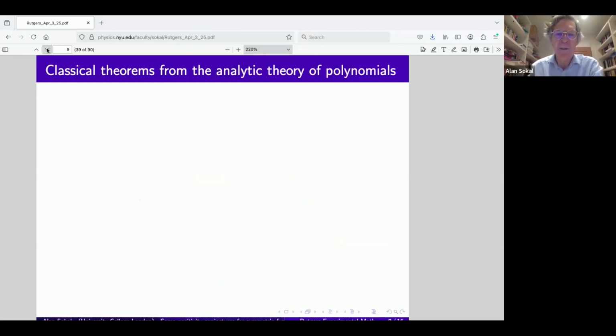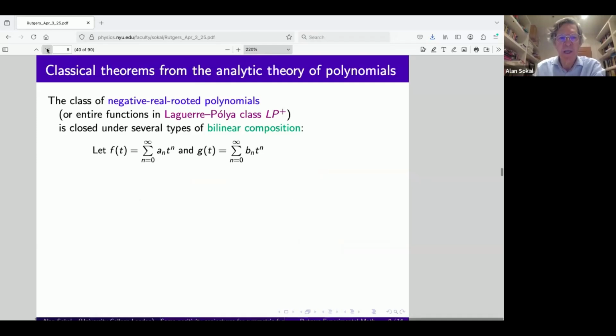So now let me remind you of some classical theorems from the analytic theory of polynomials. Most of these theorems were proven in the period between about 1890 and 1920 by mostly French and German and Japanese mathematicians. So there are a whole bunch of names associated with it, and there are some really nice books nowadays on it.